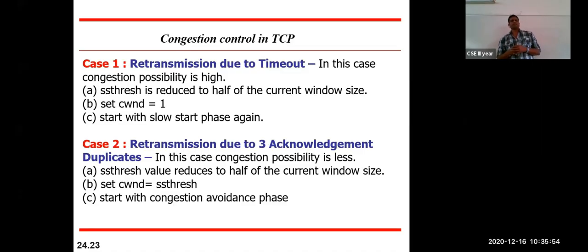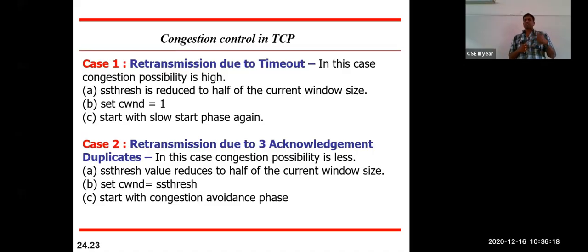Maybe that is very high. It is reduced to half of the current window size. Whatever the window size was when congestion was encountered or assumed to have happened, the threshold level is reduced to half.